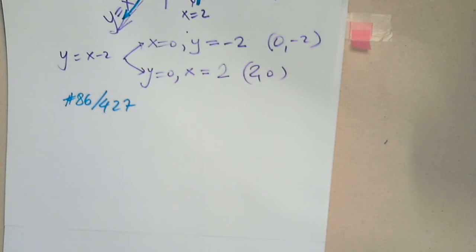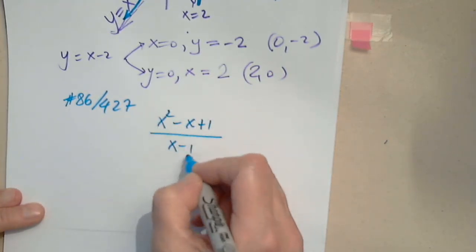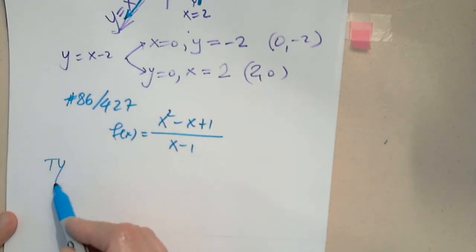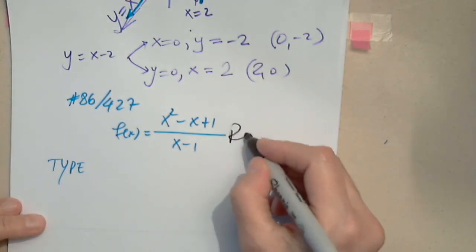Okay, so x squared minus x plus 1 over x minus 1. I'm going to ask you what type is it? And you will say, this function is a rational function of type what?